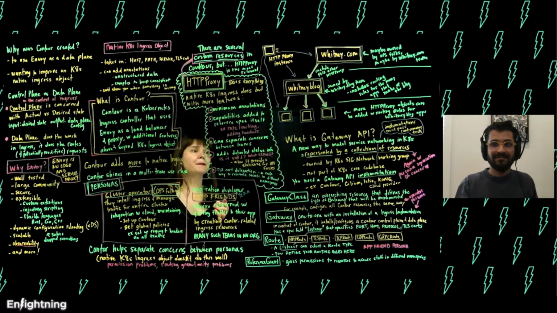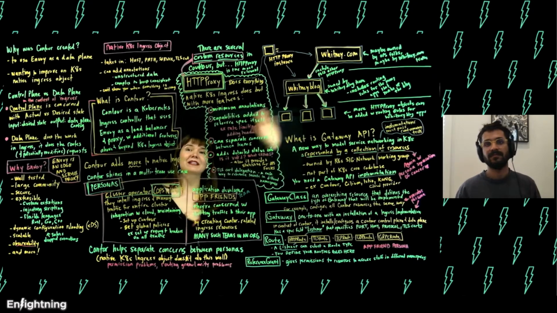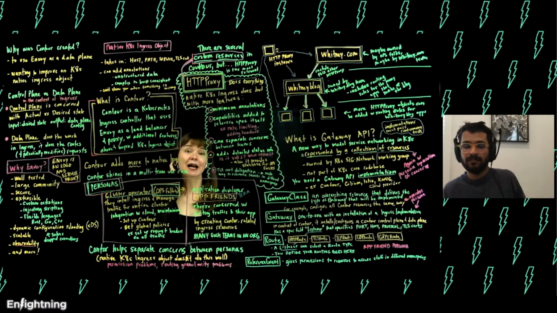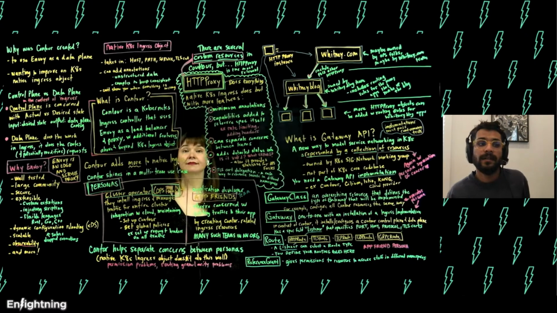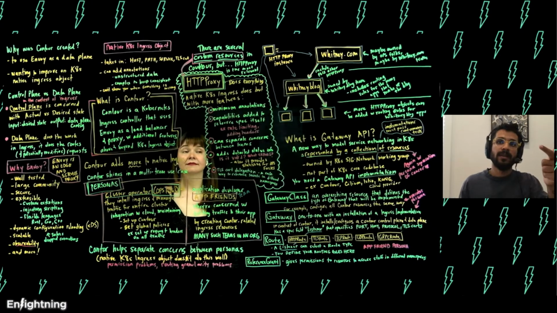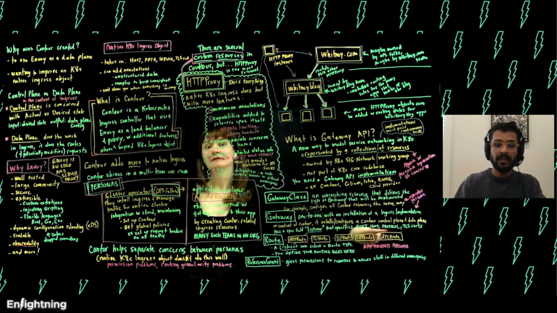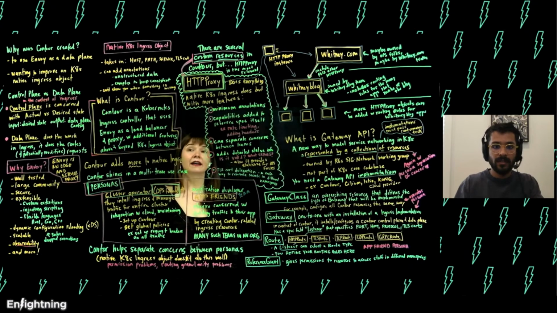So, this is a question for you, Sanjay. What is the timetable? So currently, the majority of Gateway API resources, so GatewayClass, Gateway, HTTPRoute, let me look at the actual TCPRoute, TLSRoute.